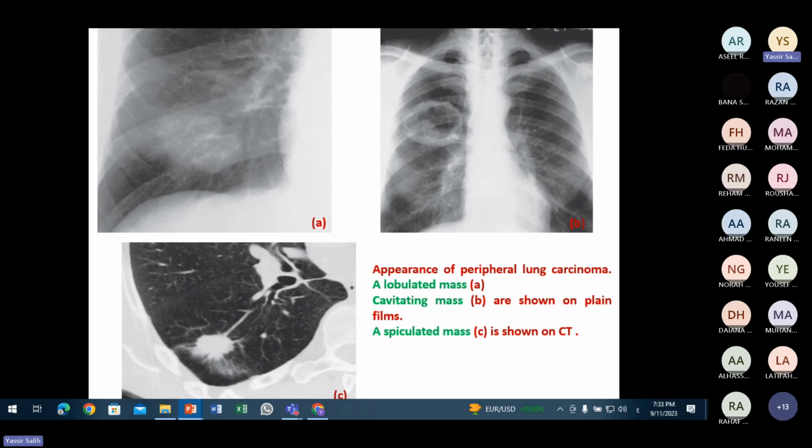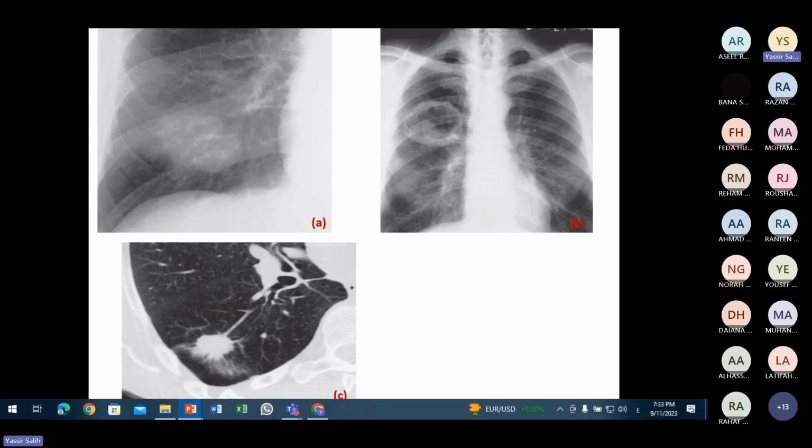And what about this? What is this image? CT. What do you see? Contrast? There's no abscess, but ill-defined margins. Yes.